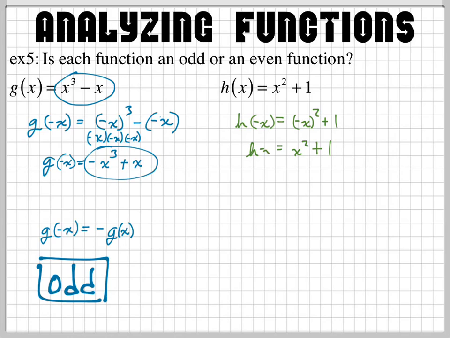That's what h of negative x is. And in this case, h of negative x equals h of x, right? Because this is the same as this. When that happens, that's when you have an even function.